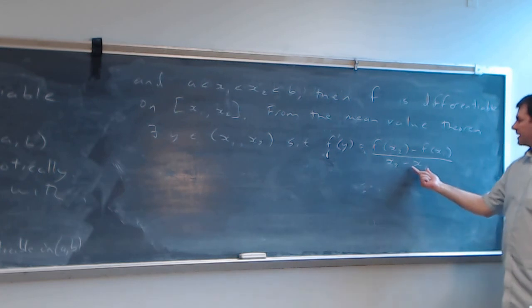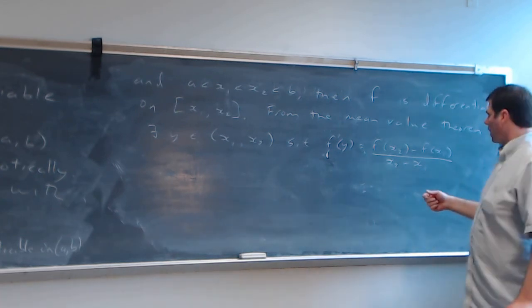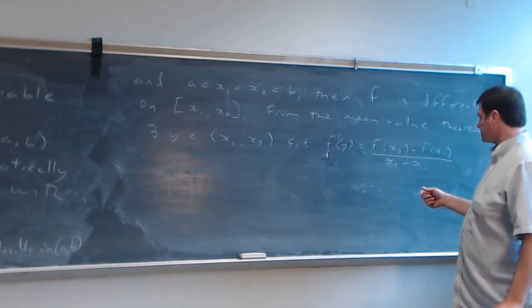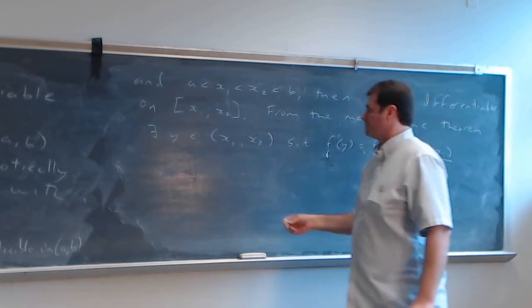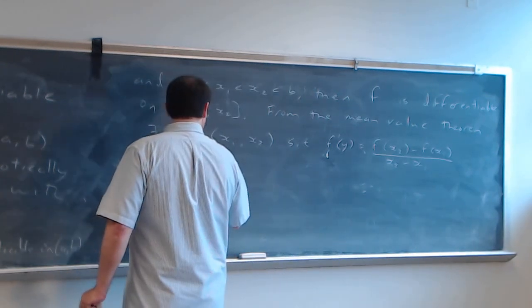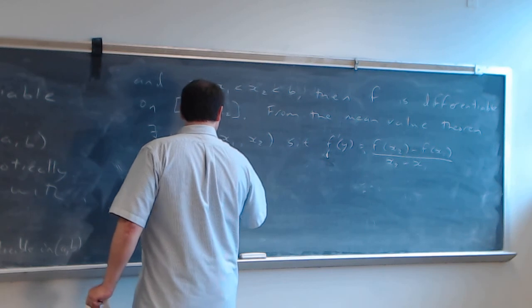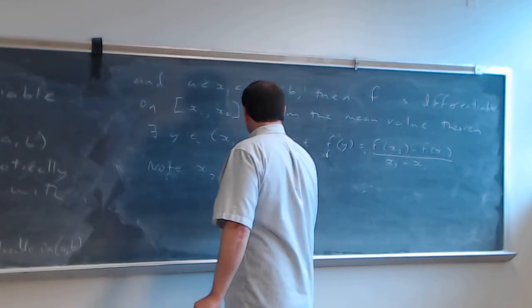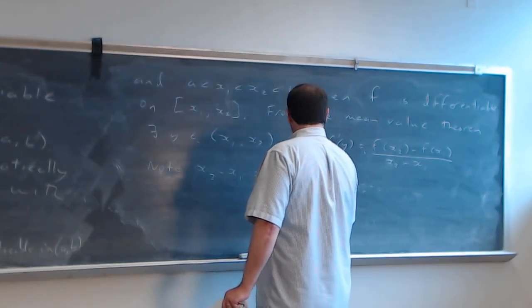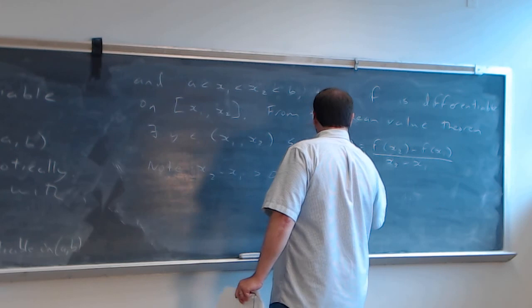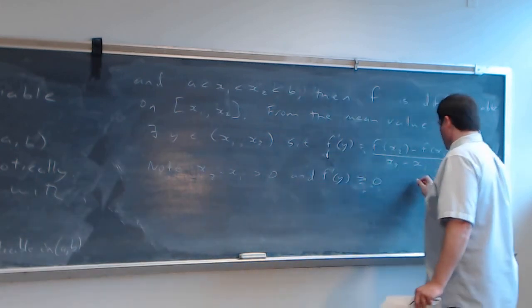Now look, x of 2 minus x of 1 is positive. Note, x of 2 minus x of 1 is greater than 0, and f prime of y has to be greater than or equal to 0.